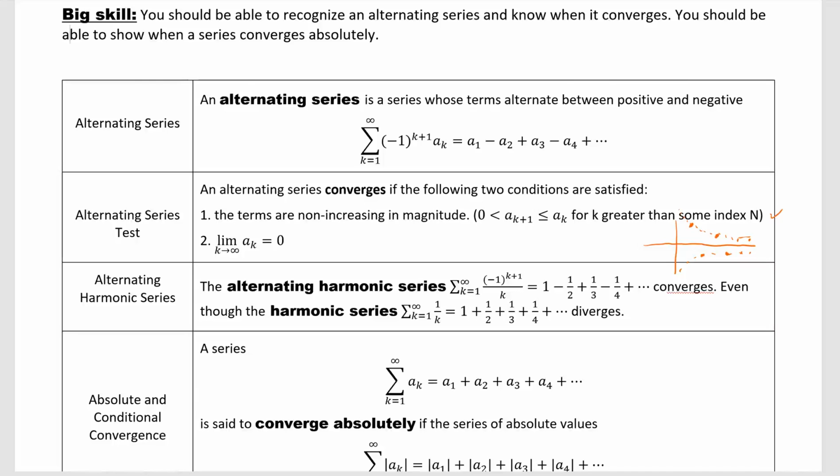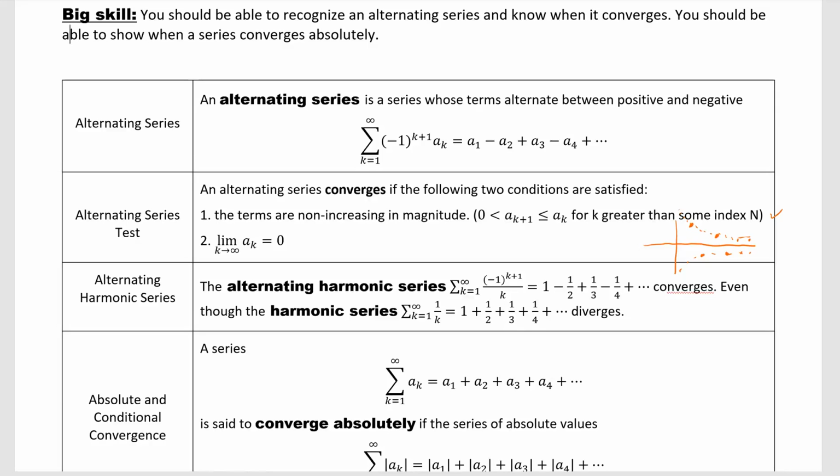As long as the terms are non-increasing in magnitude. So you can see it's getting smaller and smaller, and you can see the limit is getting close to 0. As long as the alternating series satisfies those two conditions, then we know it converges. So this is the alternating series test.